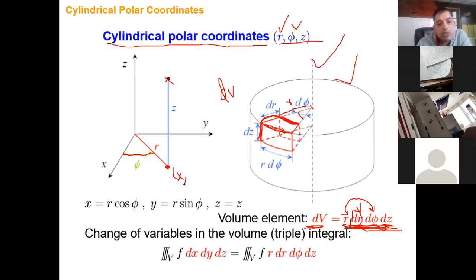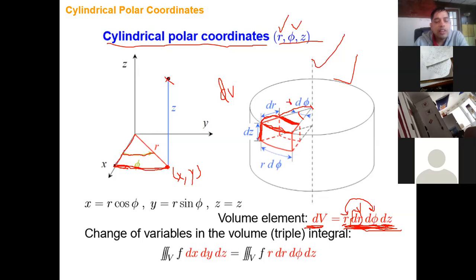What is the relationship between xy and r? From here to here is y, and from here to here is x.